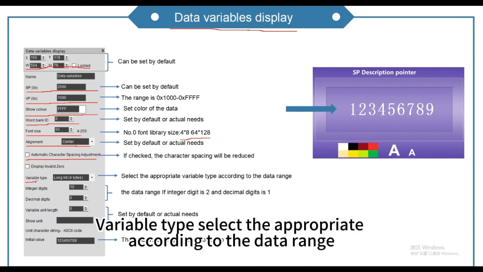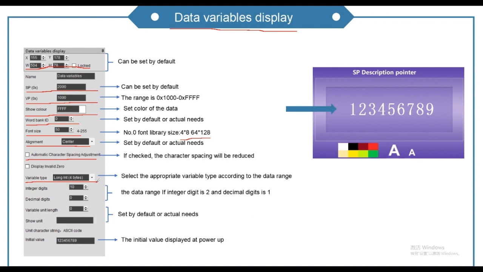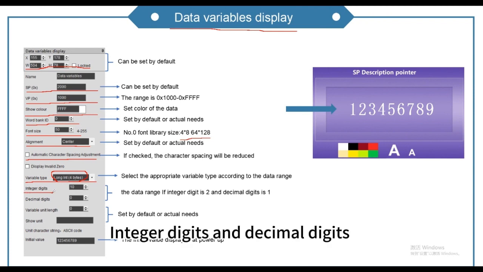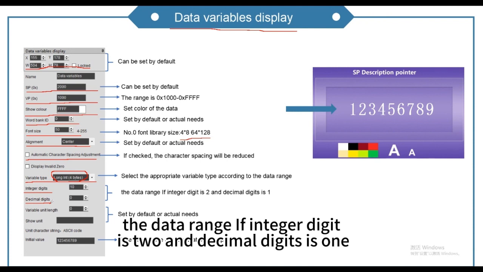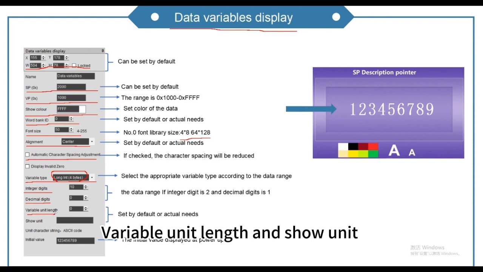Variable type, select the appropriate one according to the data range. Integer digits and decimal digits: the data range, if integer digits is 2 and decimal digits is 1. Variable unit length and show unit are set by default or by actual needs.